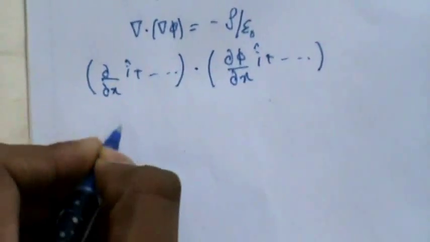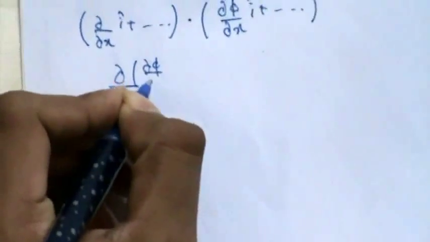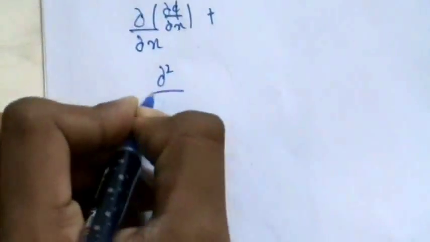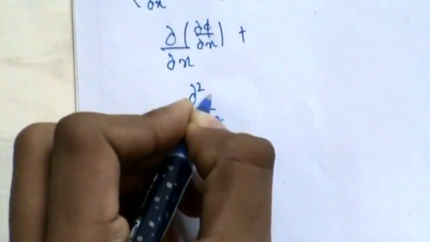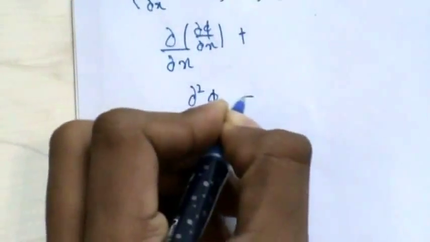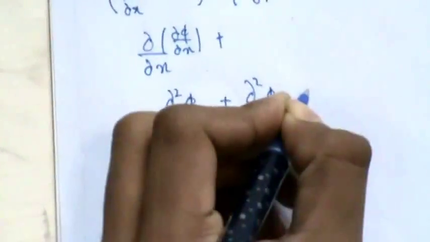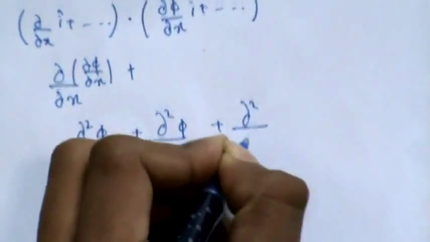So what you will effectively get is del by del x of del phi by del x plus so on for y and so on for z, which in the end you can just write as del square by del x square of phi plus del square by del y square of phi plus del square by del z square of phi.